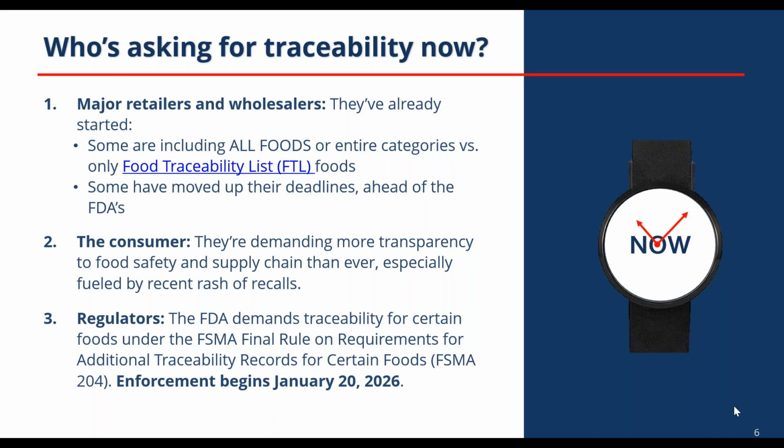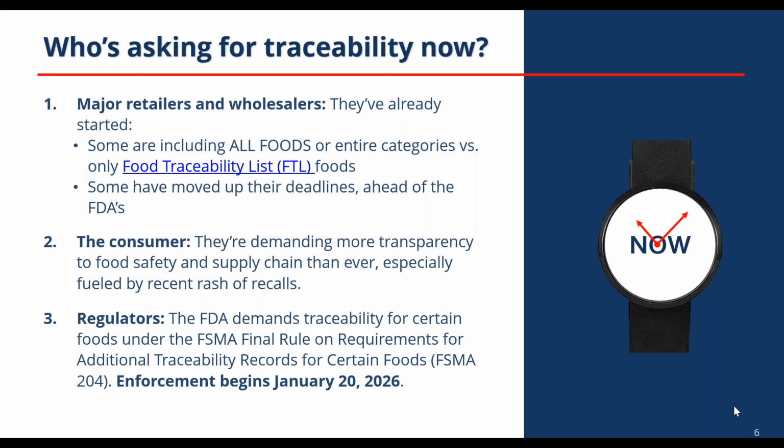And then of course, regulators, right? The FDA has instituted FSMA 204. We know the enforcement date is just about a year away, just a little more than a year away. But the truth is that your customers, if you ship to retailers and wholesalers, need you to cooperate with their traceability requirements now, because the January 20th, 2026 deadline impacts them not only for the products that you ship to them and their distribution centers, but all the way down to the stores.